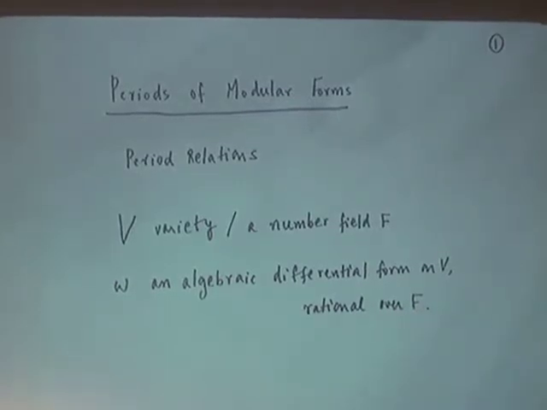You might just think of an elliptic curve over Q and the Néron differential on this elliptic curve, for example. Let's say that I pick some embedding of F into the complex numbers, sigma.